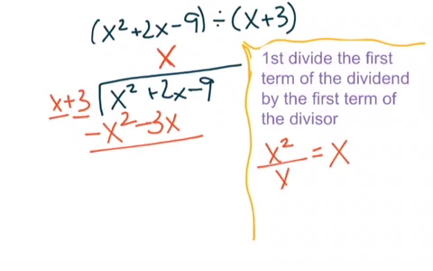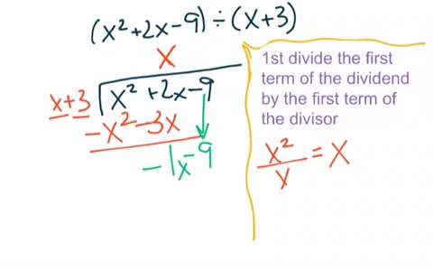Okay? x squared minus x squared is going to be 0. 2x minus 3x is going to give us a negative 1x. All right, we're going to pull down this negative 9. So now we have negative 1x minus 9.